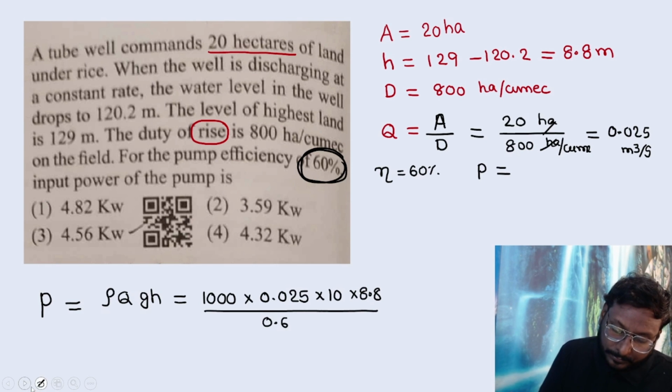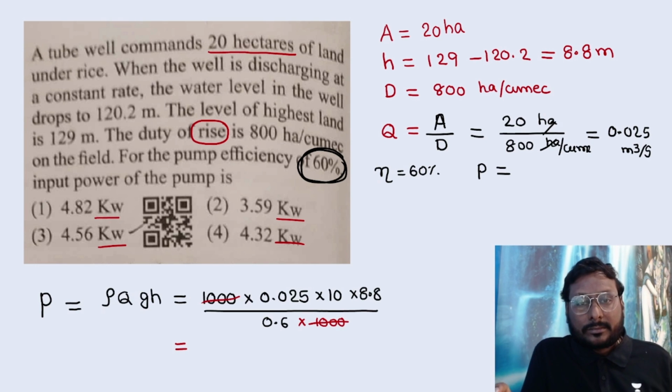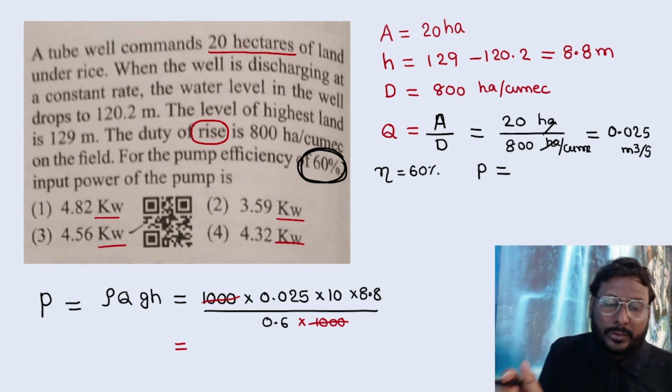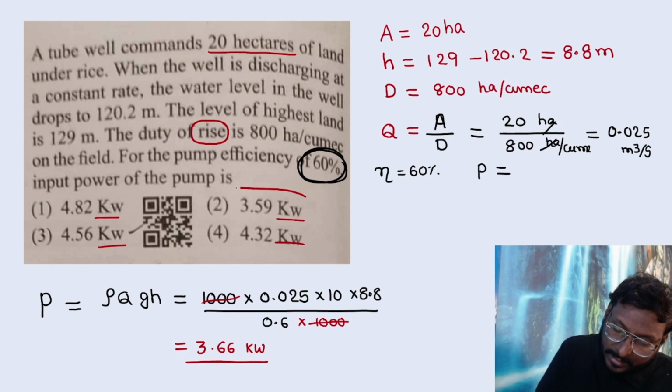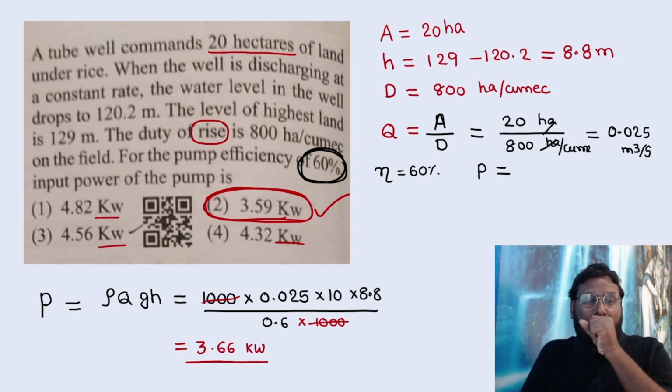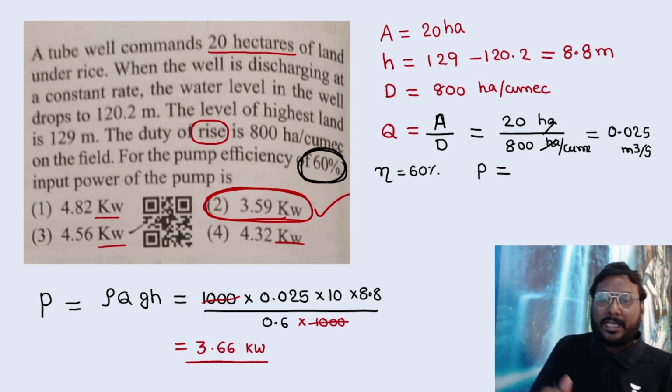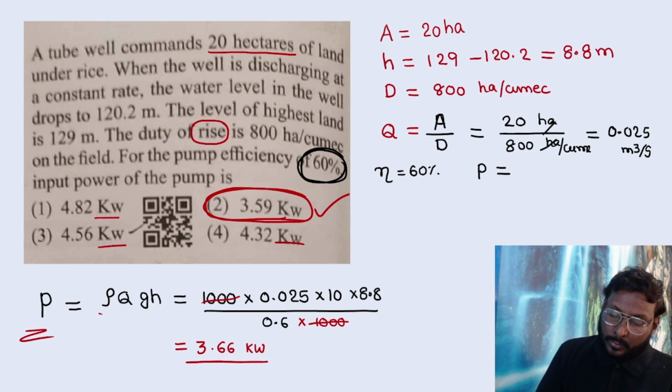As all options are given in kilowatts, converting watts to kilowatts, divide by 1000. You can cancel this. After solving, you get the answer around 3.66 kilowatts, which is near to 3.5. So power is rho Q g H upon efficiency.